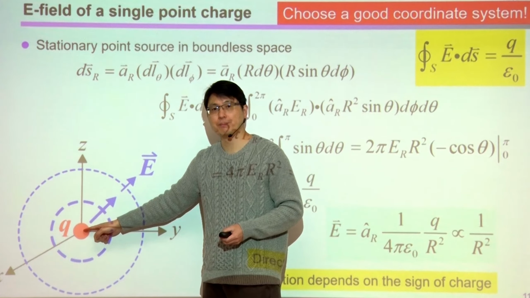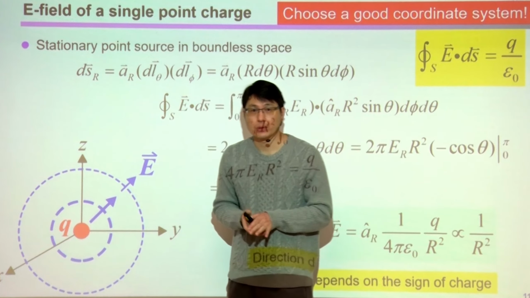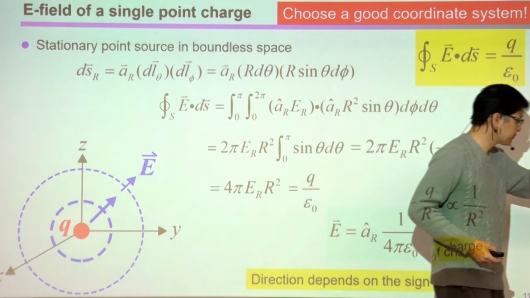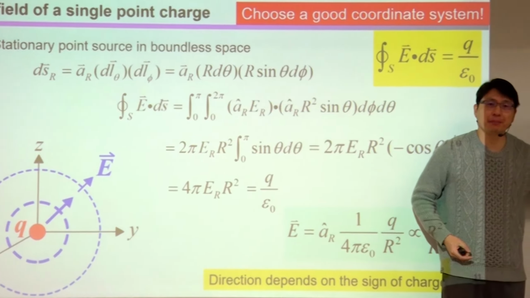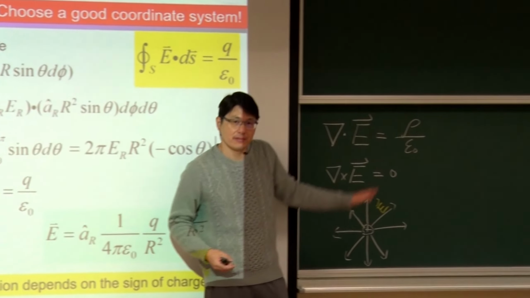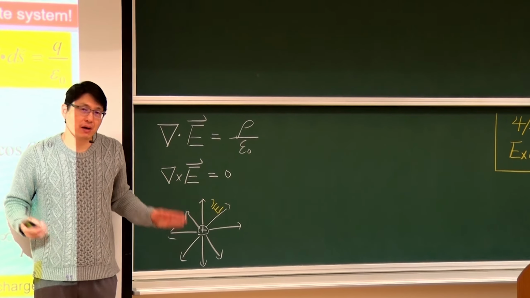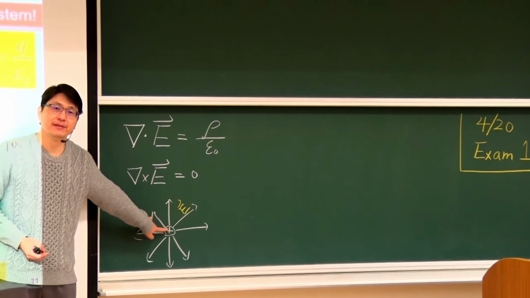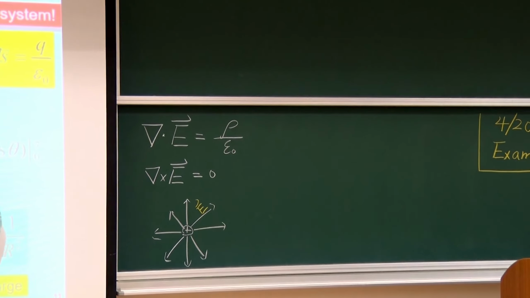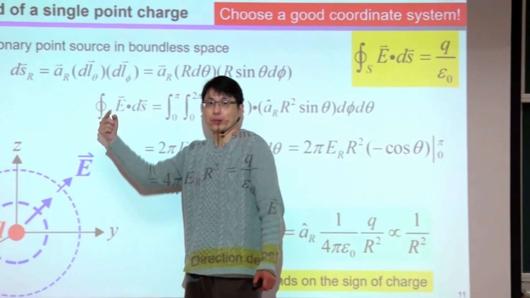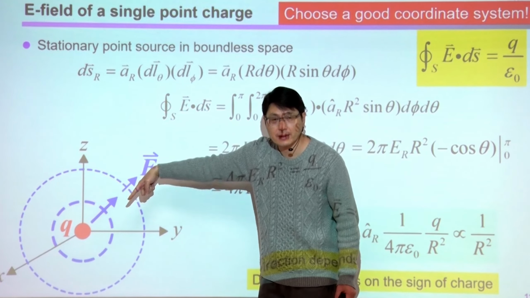This charge would be positive, right? Like on the blackboard. If I have a positive charge, I have fields emitted outwards. But on the other hand, if the charge is negative, then all these field line directions would reverse sign.